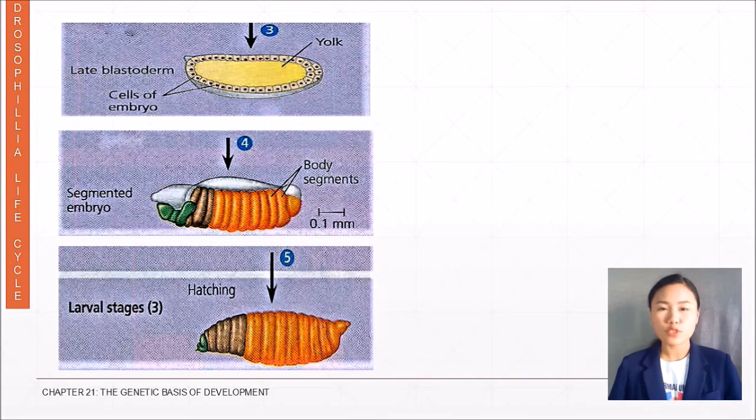Some cells move to new positions, organs start to grow, and a worm-like larva hatches out of the shell. Drosophila has three larval stages in which it eats, grows, and molts, or sheds its tough outer layer.